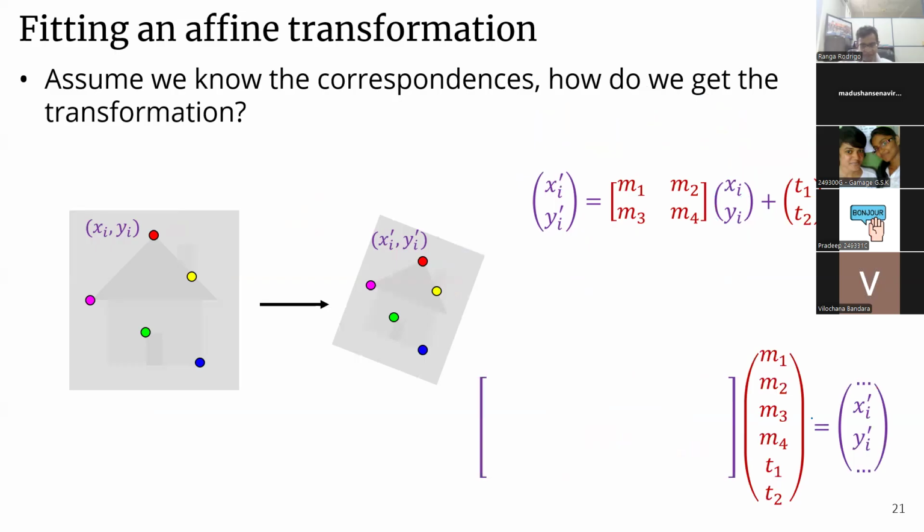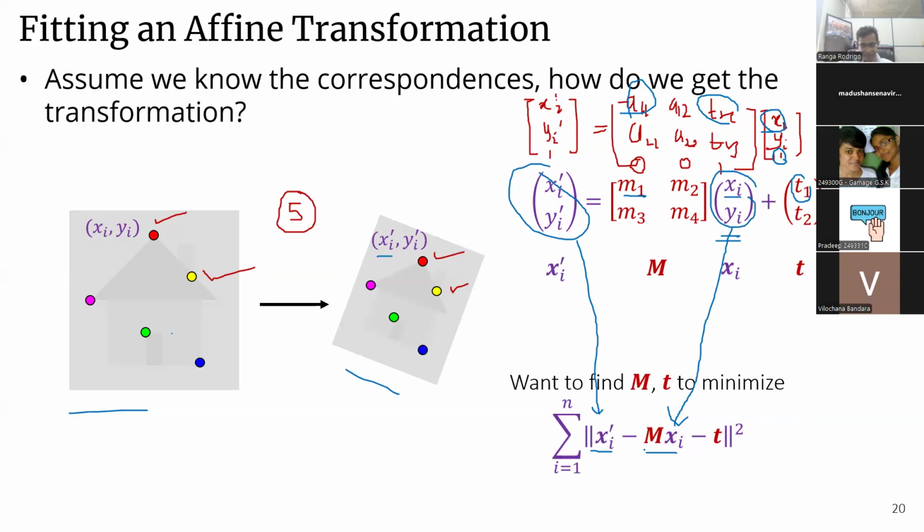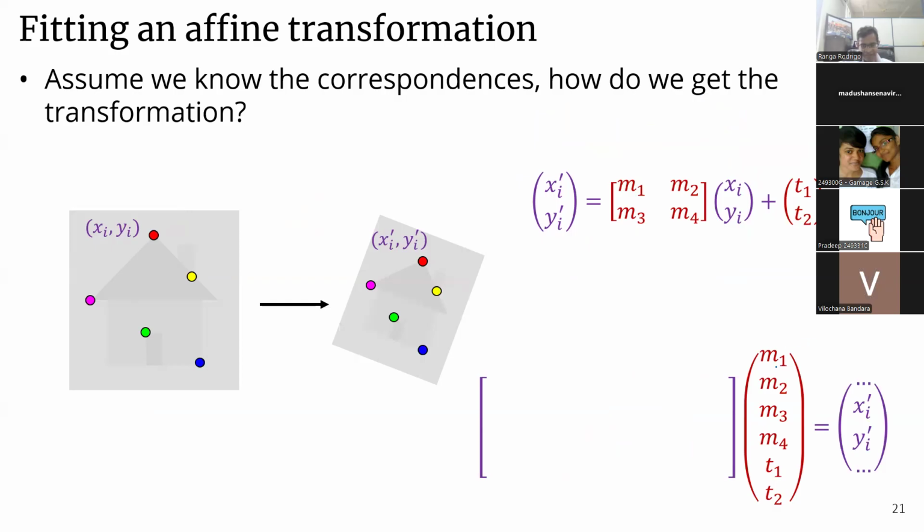Because what we want to find are the values in M, four numbers, M1, M2, M3, M4, and T1, T2, right? Therefore, we have to write them as here. So now tell me, what is the multiplier of M1? Multiplier of M1 is xi. What is the multiplier of M2? Multiplier of M2 is yi. What is the multiplier of M3? If you consider the first equation, M3 does not get multiplied, so 0.